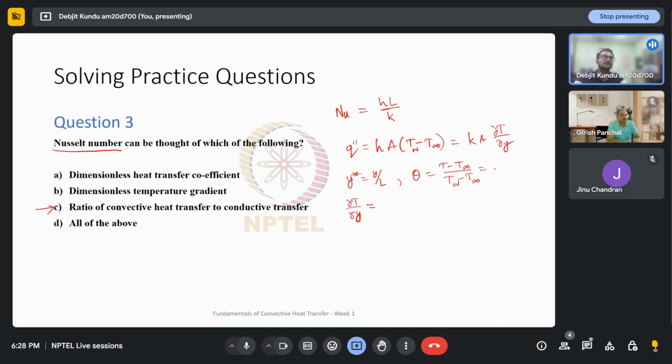So from here I can say that T is equal to theta into this temperature difference, minus T infinity, right?